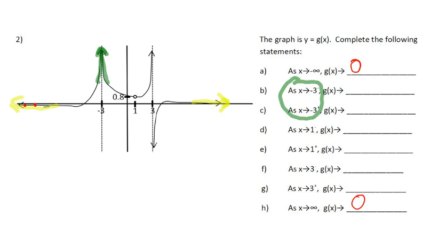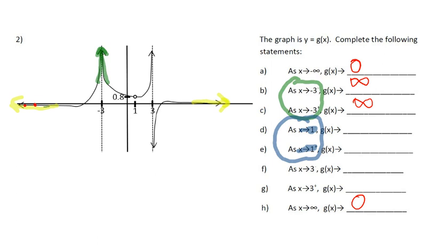So I'm squeezing in on a particular point. What's the y value of that hole that I'm getting closer and closer to? 0.8. So 0.8 from the left side. And I'm squeezing in on that same point from the right side, so 0.8 again. Okay. All right.